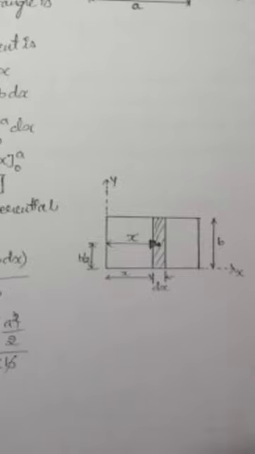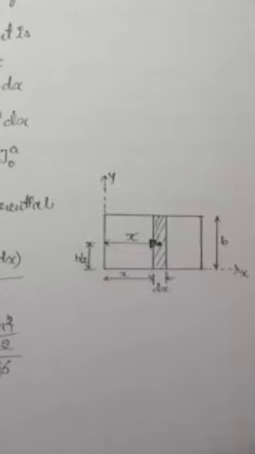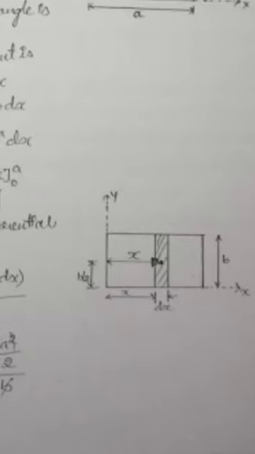Now, you can see that the section is divided, and I have taken one small area. That small area is dx. In that dx I have put one small dot. The distance from the dot to the origin is the x distance, and the y distance is shown from the left extreme corner to that point.